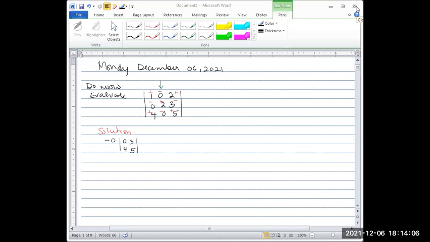All right, so now look at what is happening. Then I'm going to have plus 2. What's the matrix with the plus 2? 1, 2, 4, 5. Very good. Then I'm going to have minus 0.